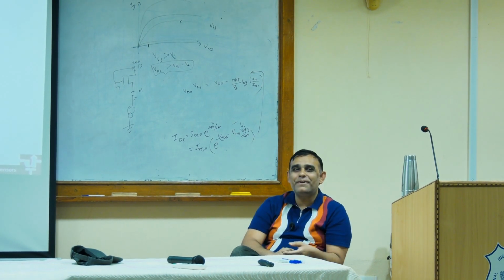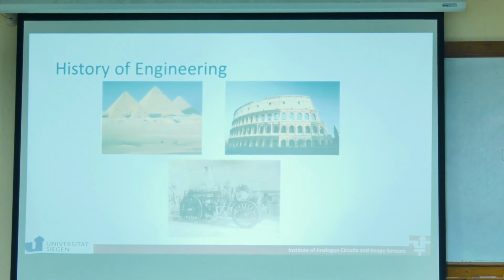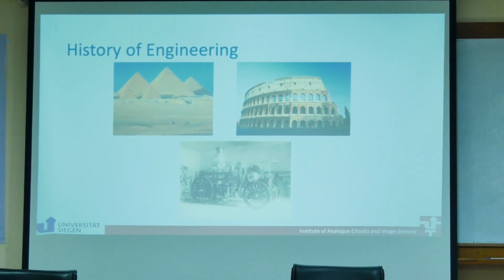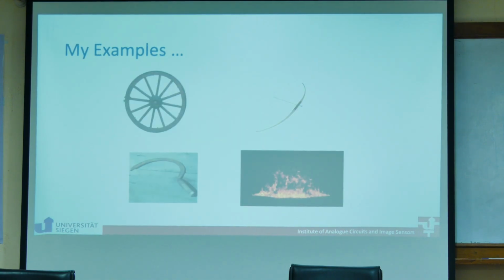Now, if you ask a historian what is the history of engineering, they will try to talk about these things: pyramids, the first steam engine, Colosseum, and all those kinds of historical buildings. So I will argue that the history of engineering starts with this: fire, wheel. That's the first form of engineering. Agreed? All of the engineers say, yes, we agree.